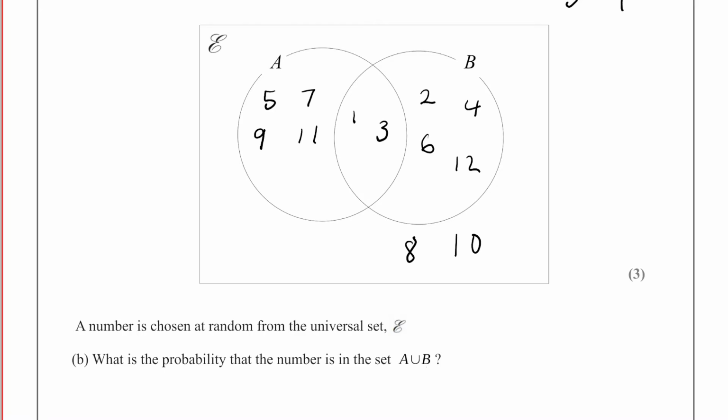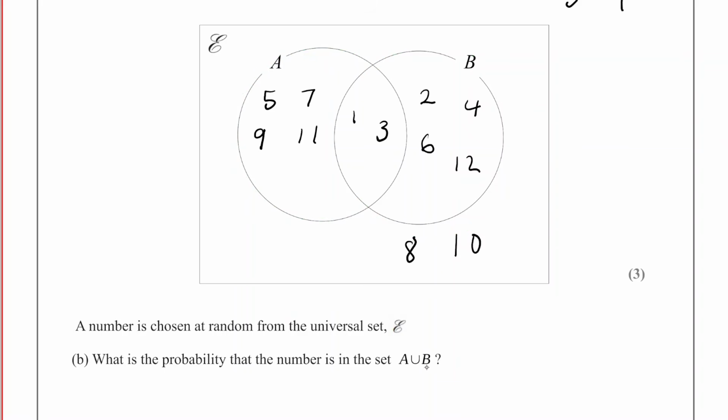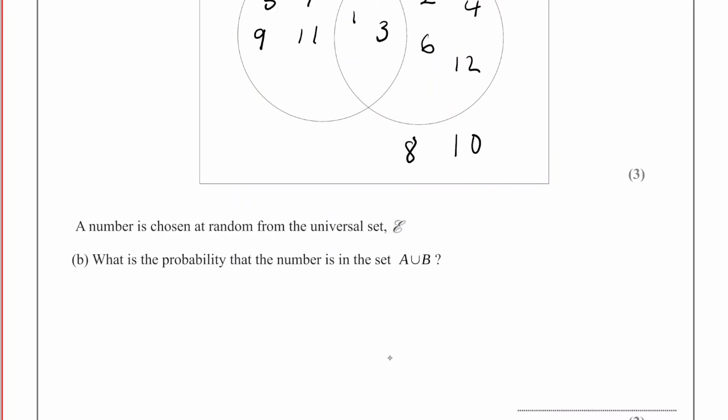So we've got 10 numbers in the union out of 12 in total. So it's 10 out of 12. And again, we don't have to simplify it. If you write 5/6, that's absolutely fine as well.